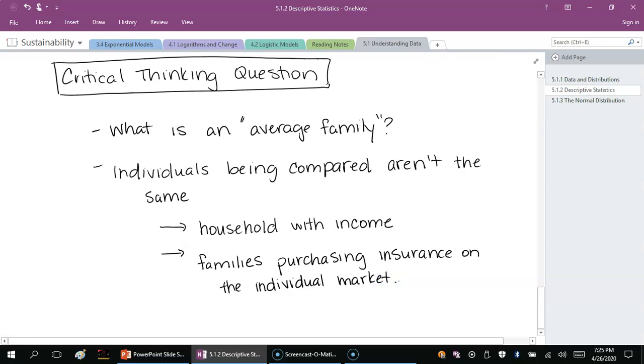Now, obviously, there's a lot of overlap between those two groups of people, but they're not the same, which means that it's not accurate to compare means across the two samples.